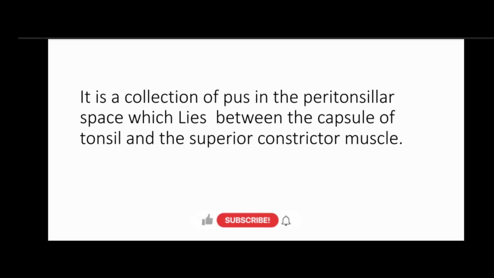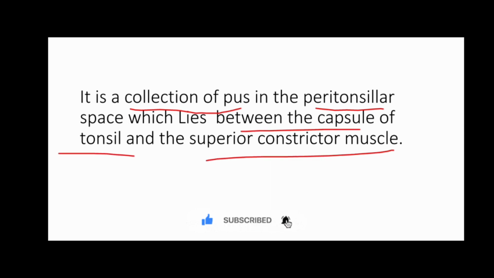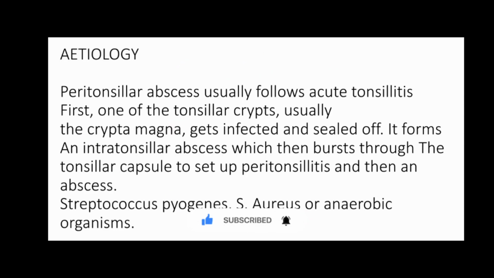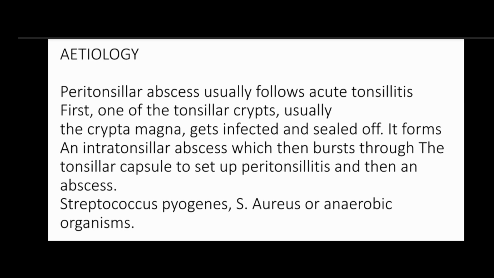It is the collection of pus in the peritonsillar space, which lies between the capsule of the tonsil and the superior constrictor muscle. Coming to the etiology, the most common organisms are Streptococcus pyogenes and Staphylococcus aureus, and anaerobic organisms. You have to remember these two, Streptococcus pyogenes and Staphylococcus aureus.